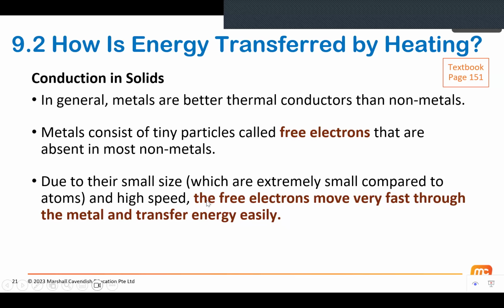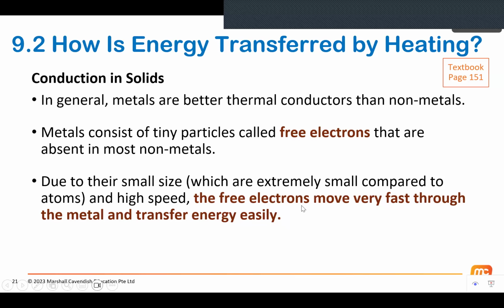They gain kinetic energy, are free to move, and move over a longer distance before they collide with their less energetic neighboring particles. So on top of the particle-to-particle vibration, there is also free electron diffusion, where the electrons take the energy and move. So metals are definitely better conductors, or the best thermal conductors.